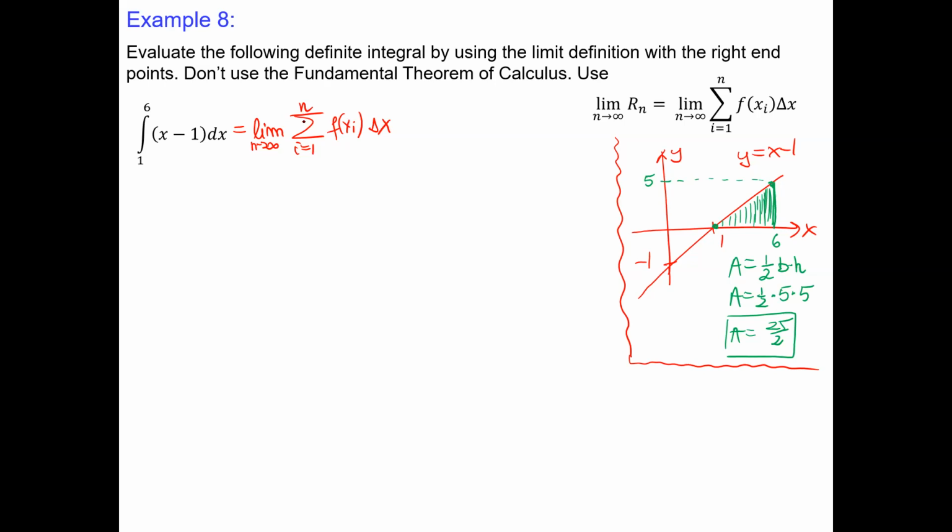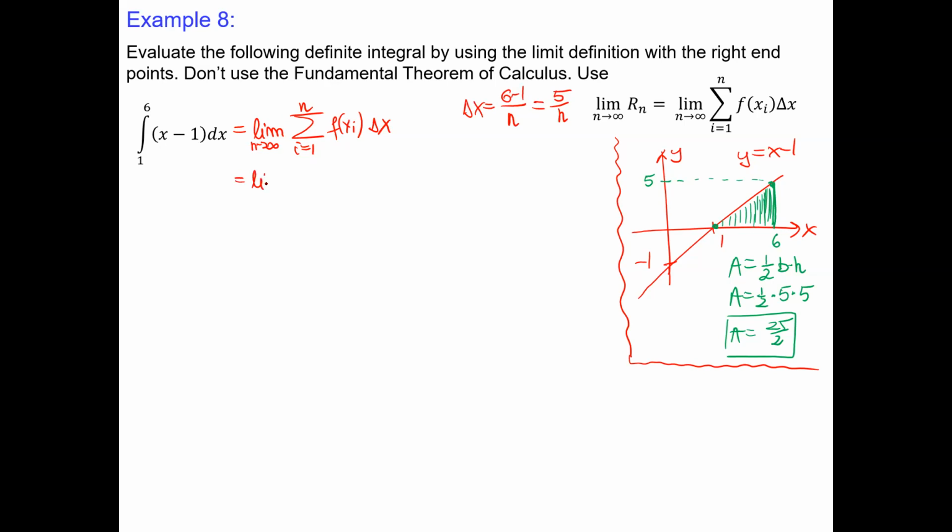Sigma means that we're adding all of these areas, and we do have infinitely many of those rectangles. Okay? Let's compute delta x. Delta x is the entire interval between 1 and 6, the length of that interval is 5, and we will divide by n, 5/n.